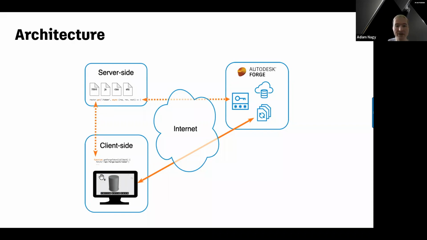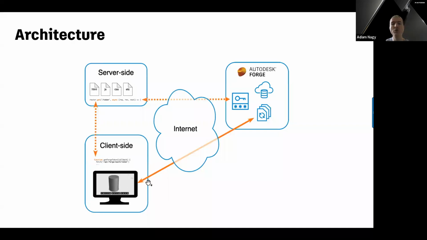And then our client-side code, using the fetch API from JavaScript, is just going to talk to the server. Then the server is going to reach out using the given access token to the Forge services, get the response back, and pass it back down to the client.